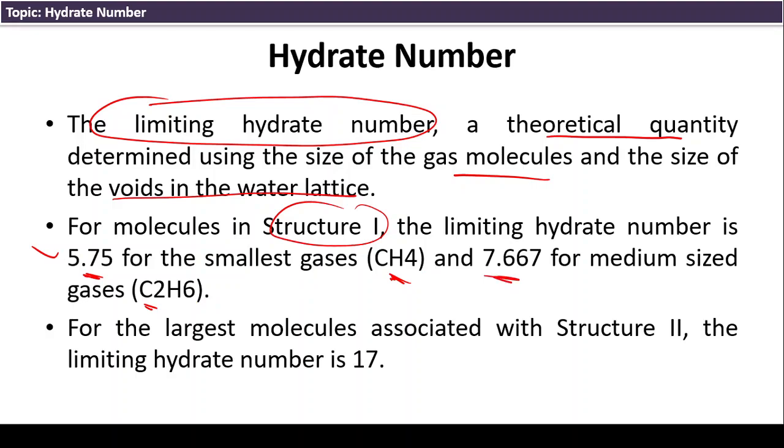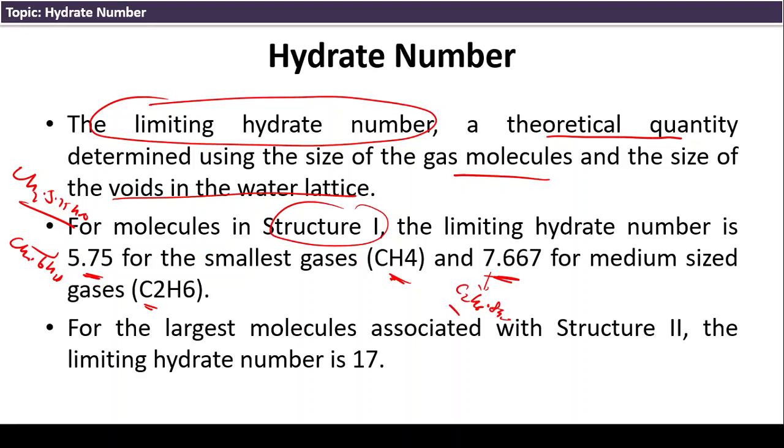What it means is that for one methane molecule there are 5.75 water molecules, and obviously 5.75 molecules of water is not possible. So CH4 into 6H2O. For this one, C2H6 into 8H2O. Since 7.66 is not a whole value, we can say this is the hydrate number for these. This is the limiting value.